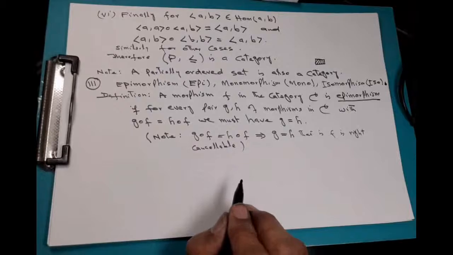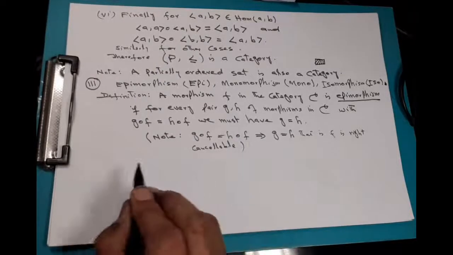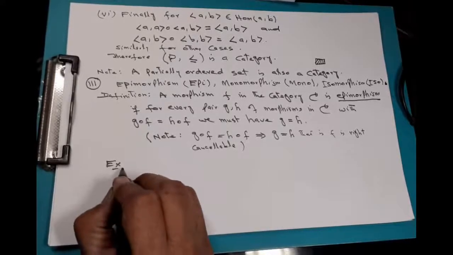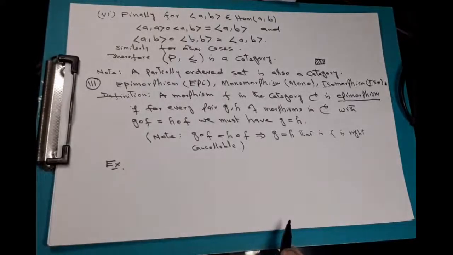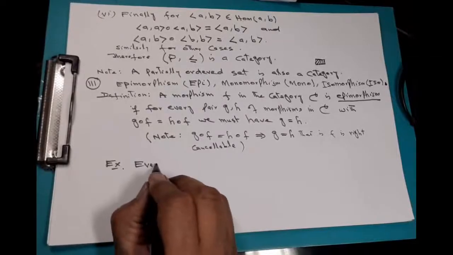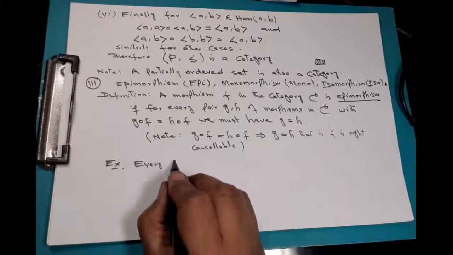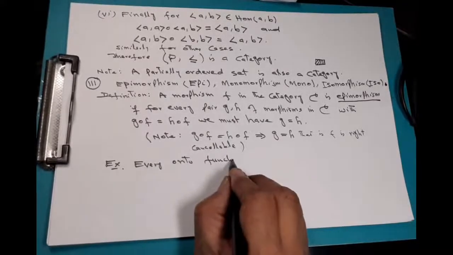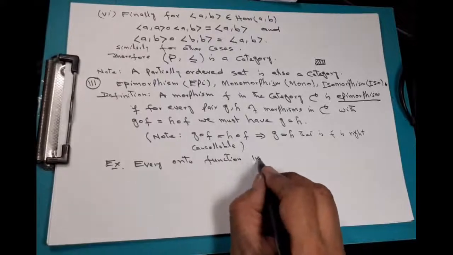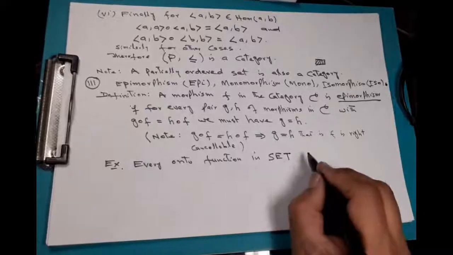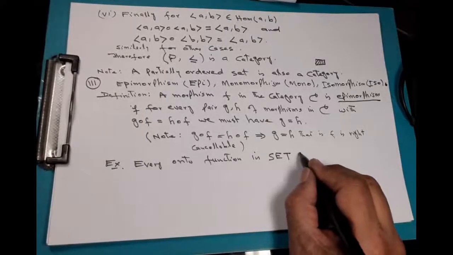So this is the definition of epimorphism. Let's see the example we discussed in our previous session. Every onto function in the category of sets, which we denoted by this particular symbol, is an epimorphism. We have proved that.